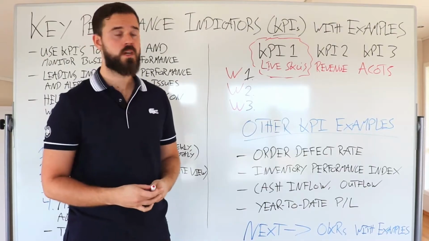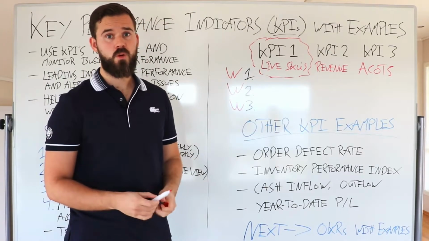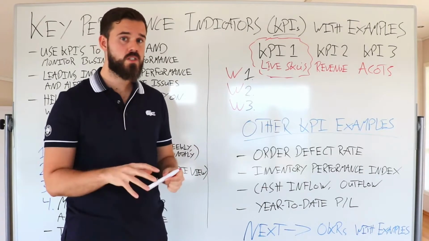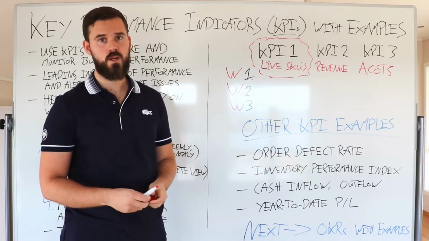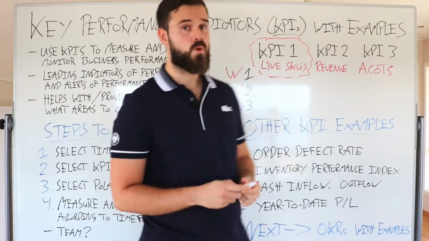So that's how it works. So you want to select a Polaris KPI based on your current situation and your current objectives in the business, right? So that's how that works with the Polaris.